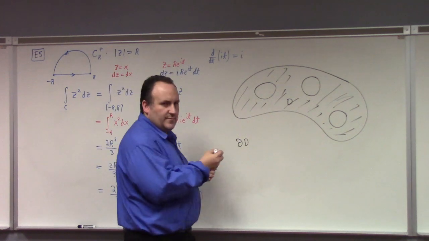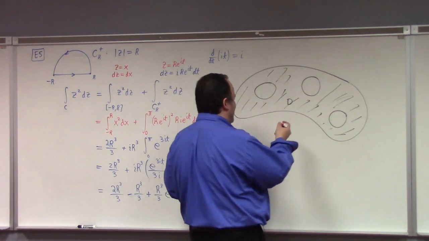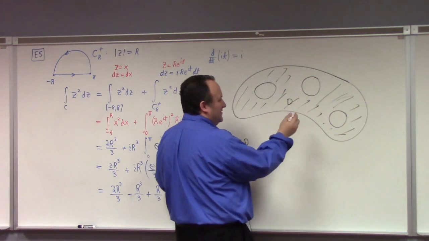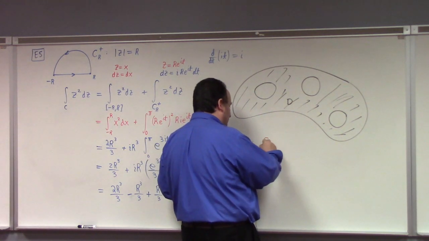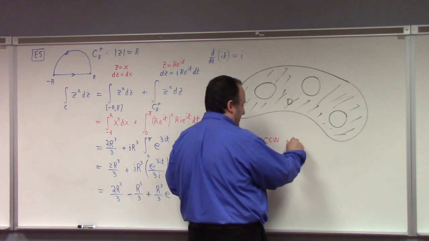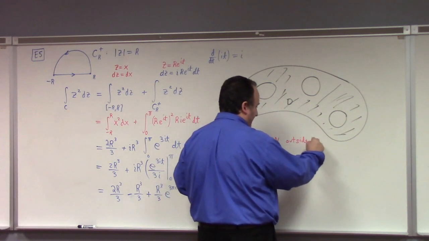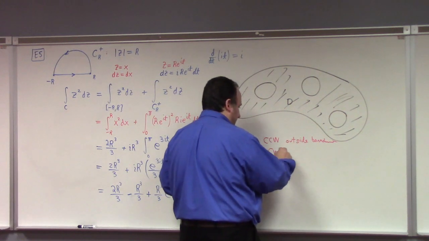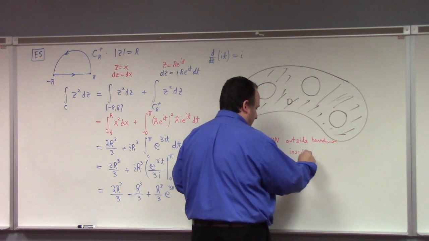Left, right. Incorrect. 50% chance. So the answer is we want counterclockwise outside boundaries, and we want clockwise inside boundaries. That's the way it works.